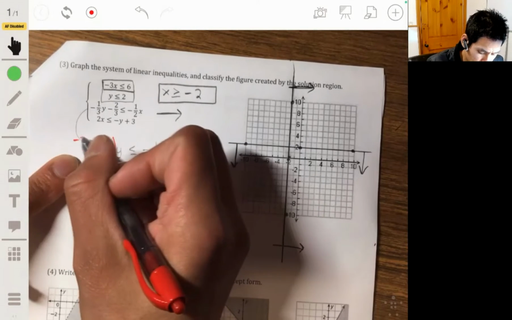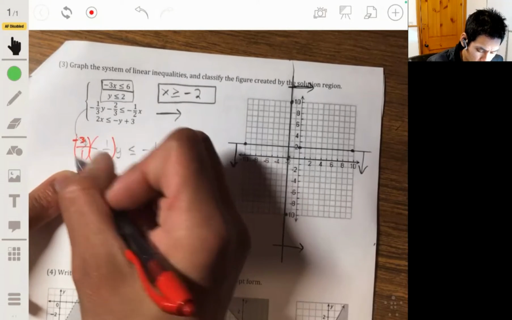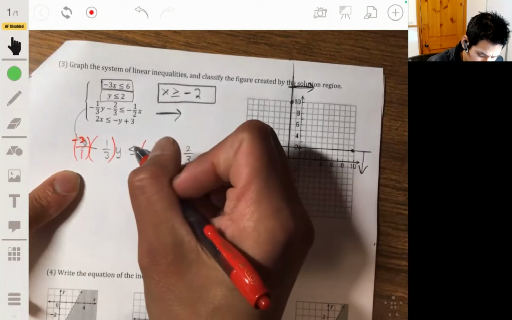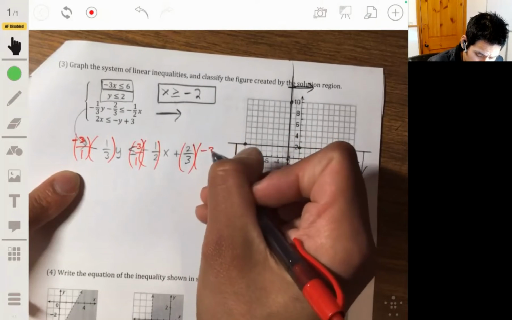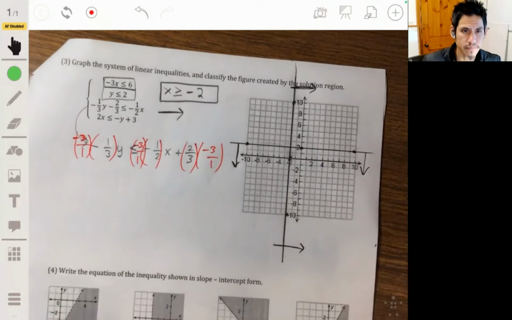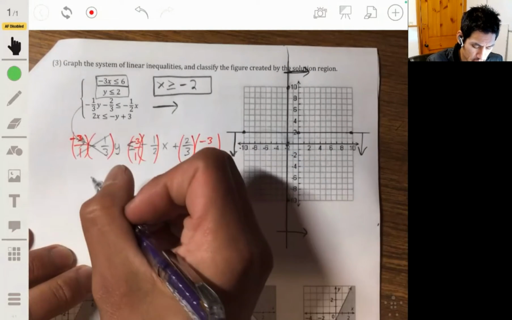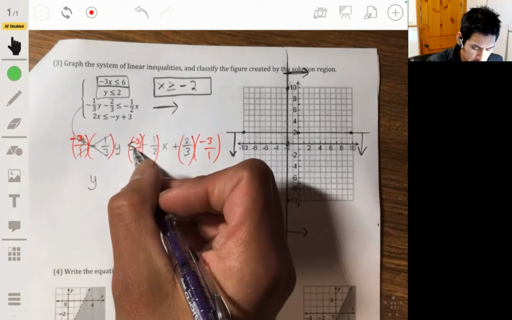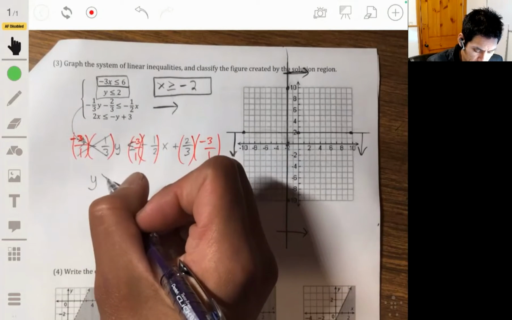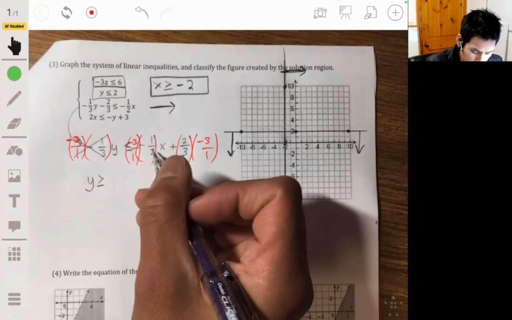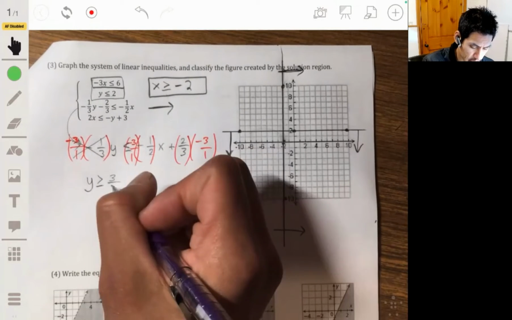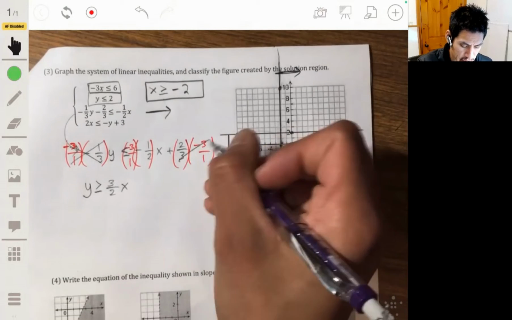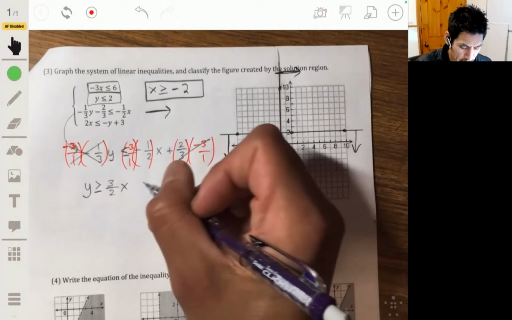Or -3/1, actually. So -3/1. These cancel. We get y is, this is going to switch direction because we're multiplying by a negative. So y is greater than or equal to +3/2 x. These threes cancel. We get -2.